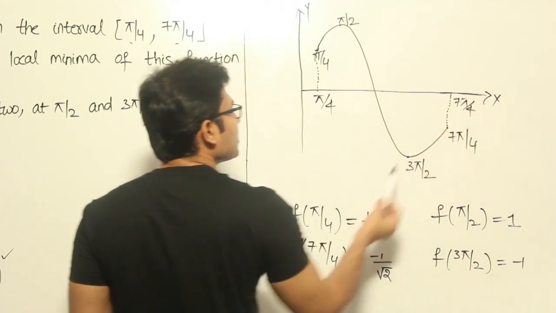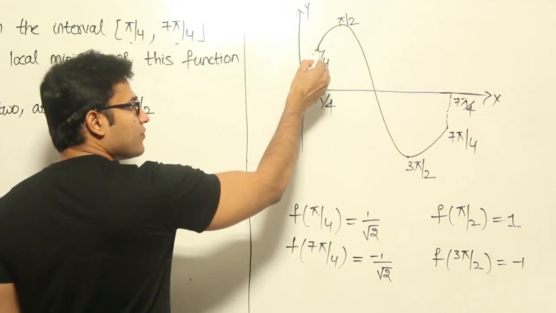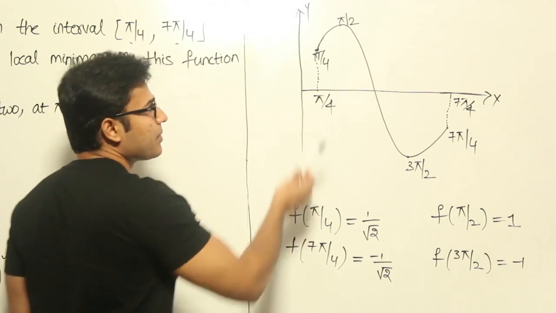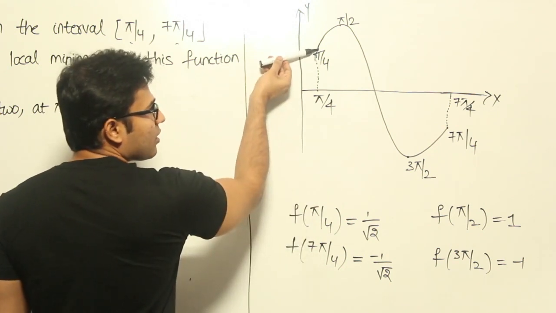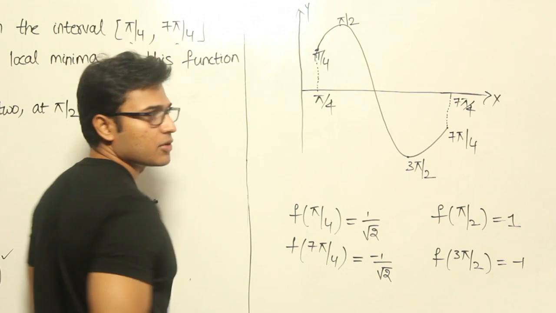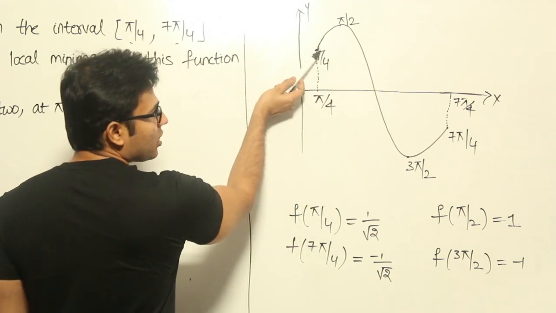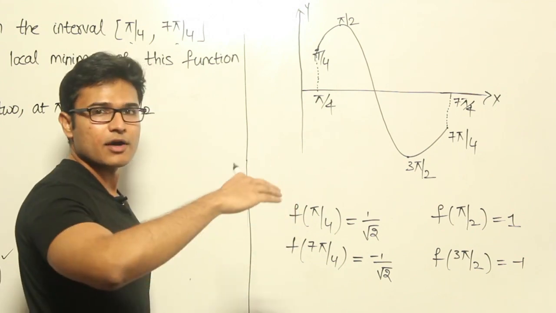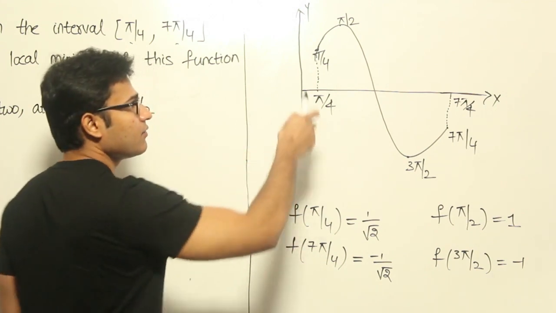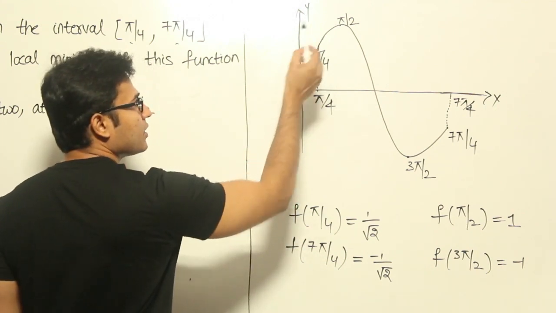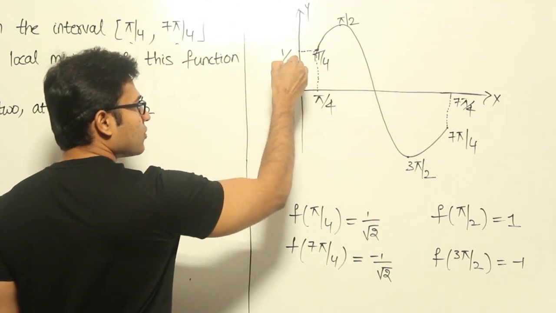Now if you are talking about the left extreme, just compare the value of that point with the points to the right neighborhood. At all the points to the right of it, the values are greater than the value at this point, right? So at this point the value is 1 by root 2.